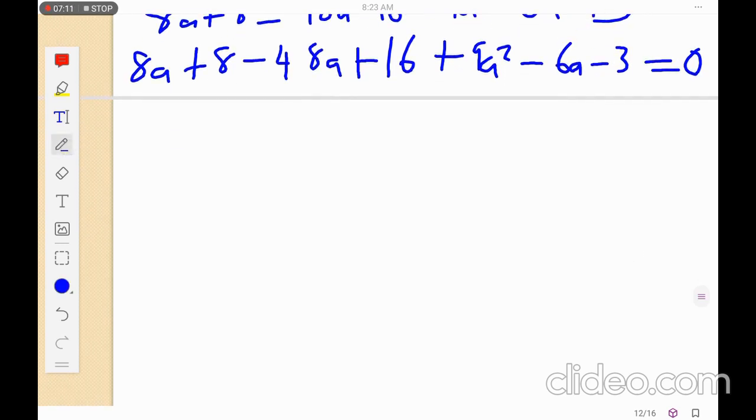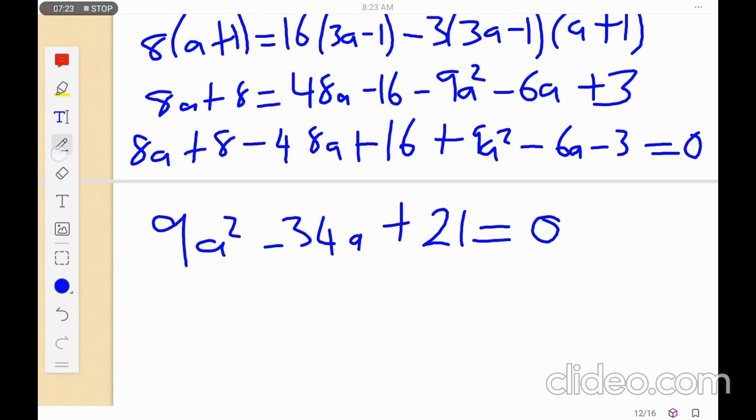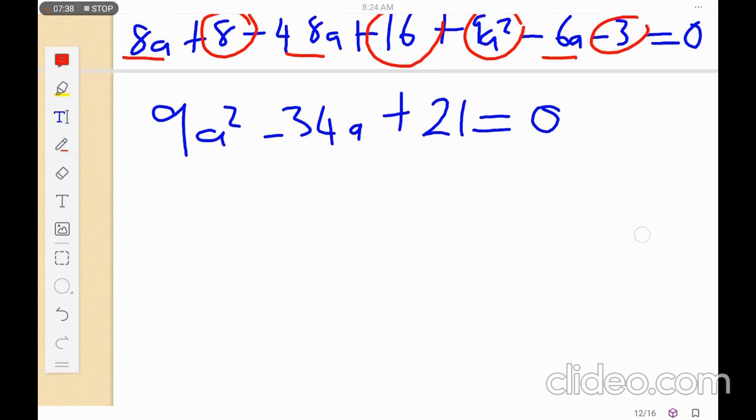I'll get 9a squared minus 34a plus 21 is equal to 0. I was grouping like terms together: the a terms give minus 34, the constants give 21, and the 9a squared we write as it is. It has no partner there.